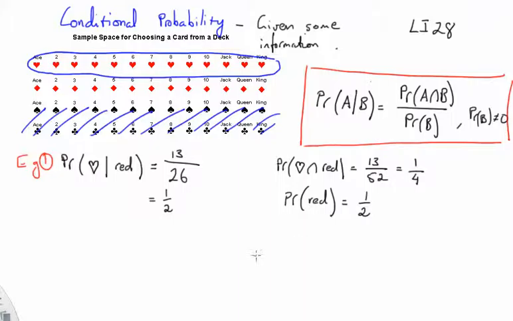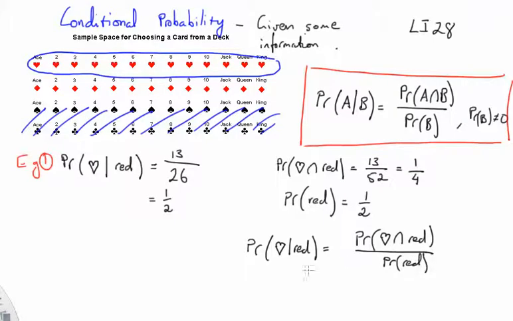Let's use the formula. The probability of heart given a red card equals the probability of a heart and a red card, divided by the probability of selecting a red card. Let's sub in our numbers: a quarter divided by a half.